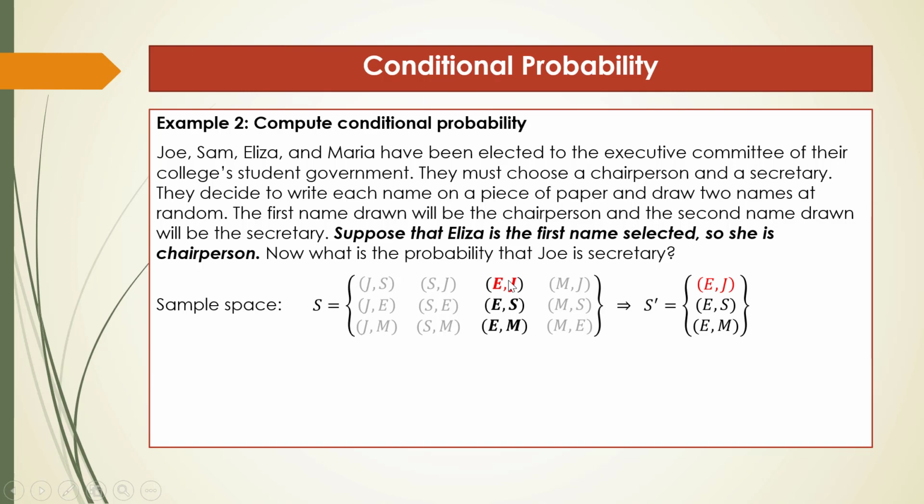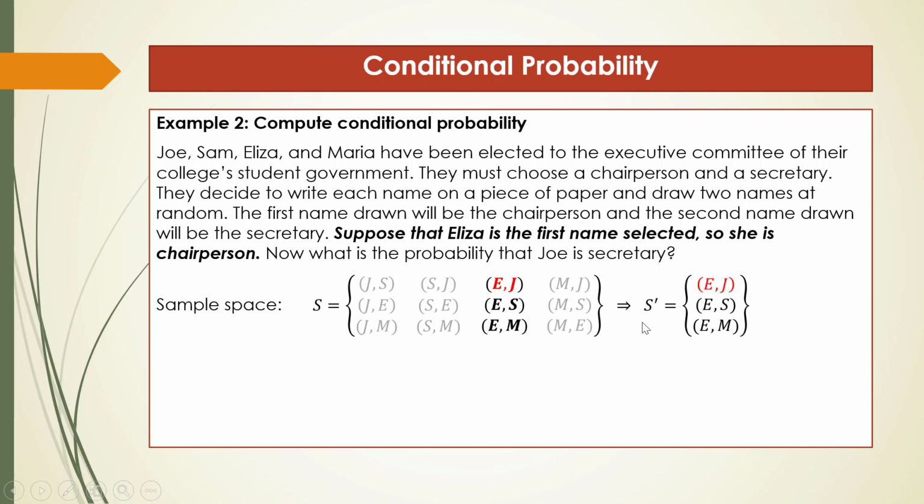So we have EJ, ES, EM as the three possible outcomes. And the question asks for the probability that Joe is the secretary. There is only one ordered pair that represents Joe being the secretary among the possible outcomes.